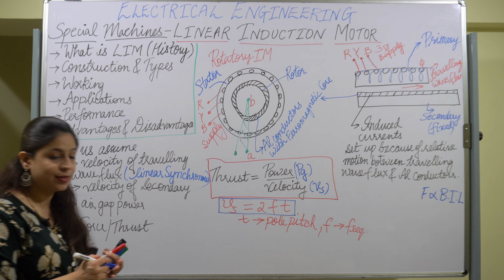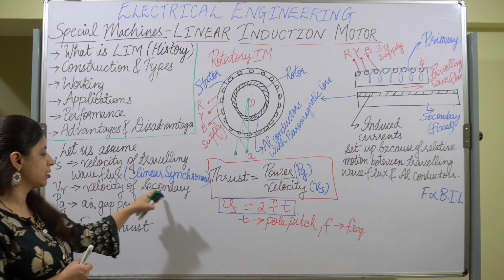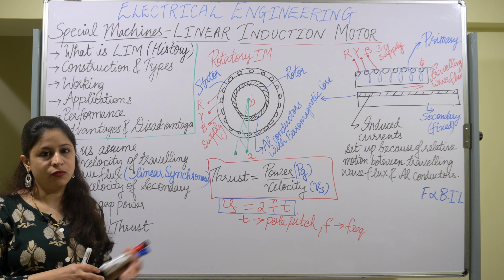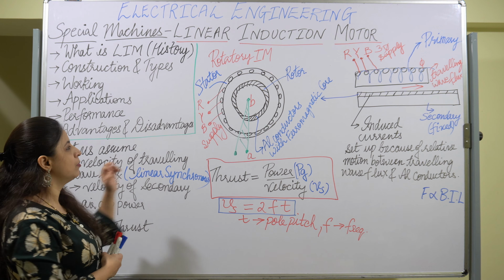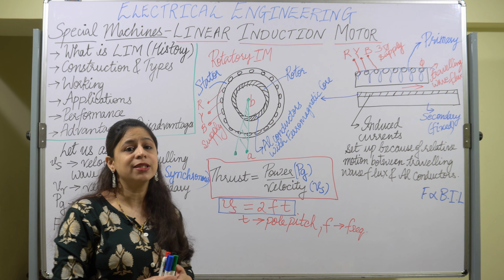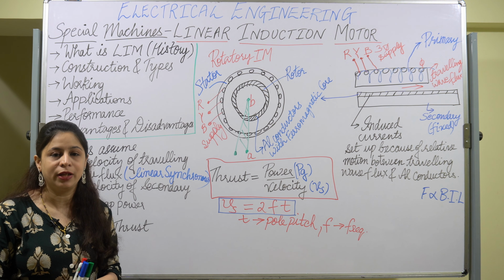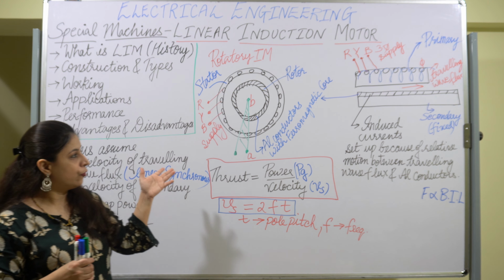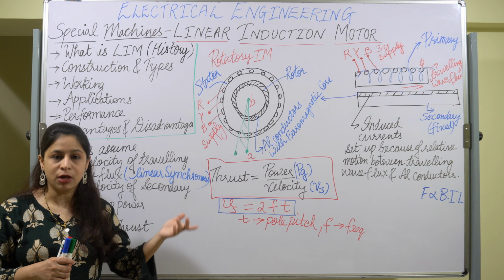Now over here also there is a slip, because Vr is the velocity of the secondary. Vr will never be equal to Vs, similar to the three-phase induction motor. If it were equal, then there would be no force or no induced currents.